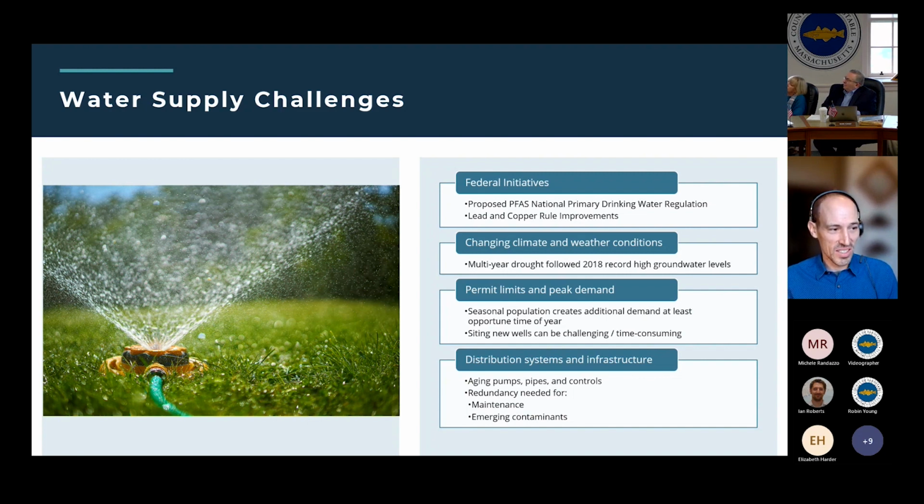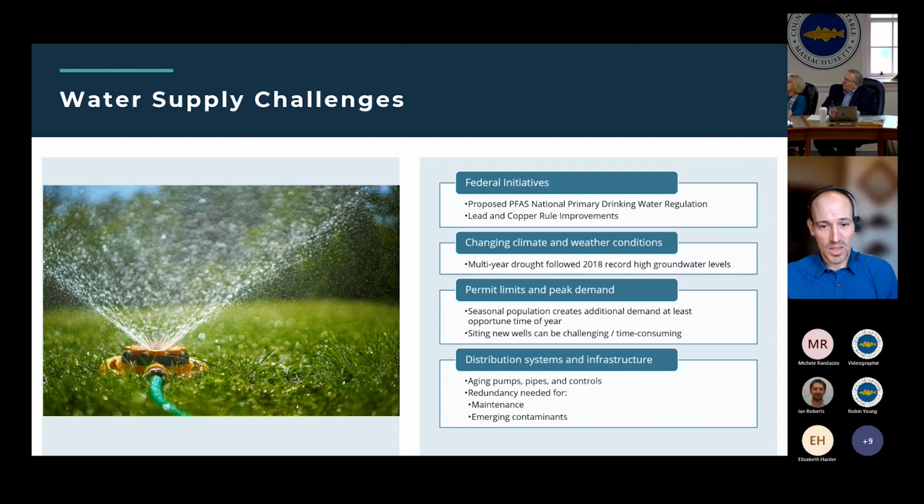Certainly the climate and weather conditions, like the fact that we just saw a multi-year drought, which followed pretty closely after having record high levels. So that's something we're going to see more, which is more extremes. But whether we see a trend in either a drier or wetter direction is hard to say.